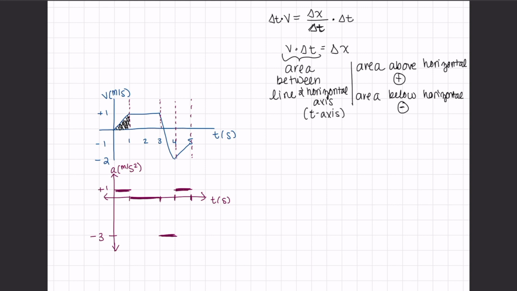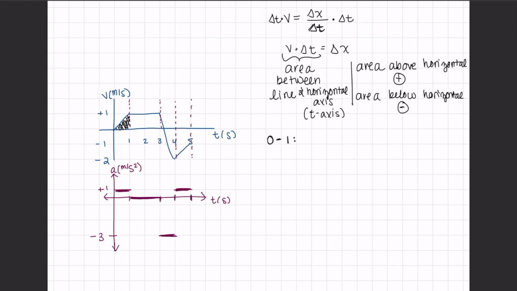So now that we know that, I kind of want to do the same thing as what we just did for position to velocity and velocity to acceleration, and go from velocity to position, just so that you guys can see that as well. So we know that we have the same time intervals. So we have 0 to 1, and we need to find area.